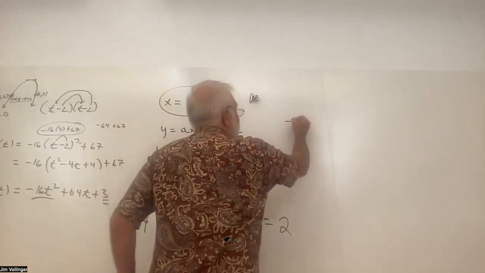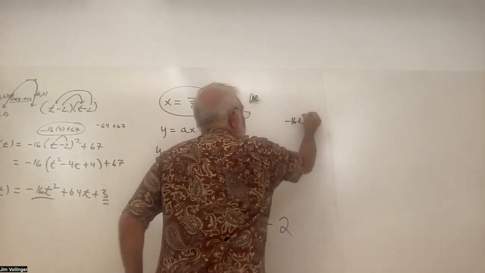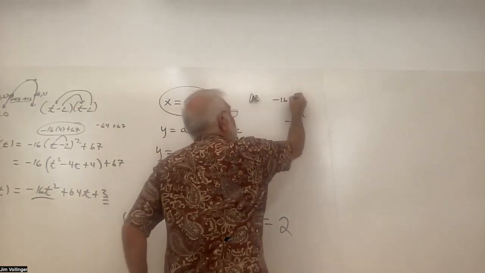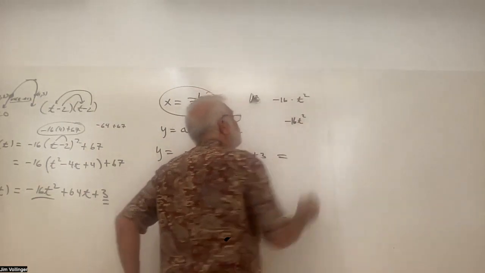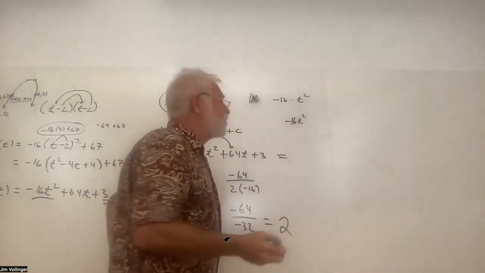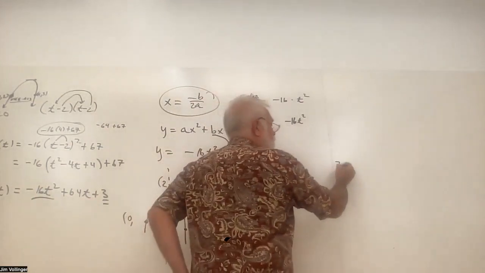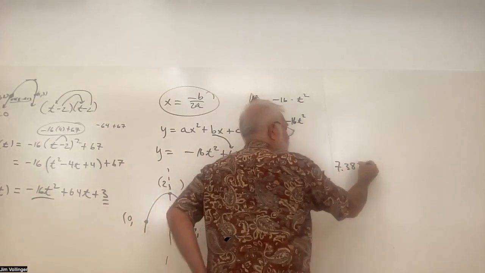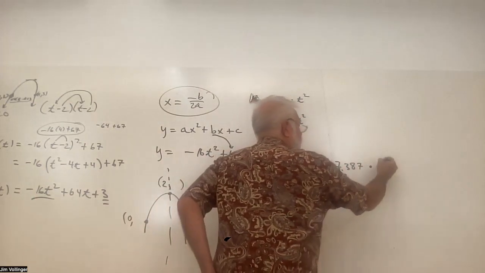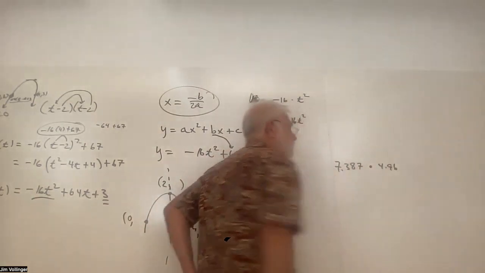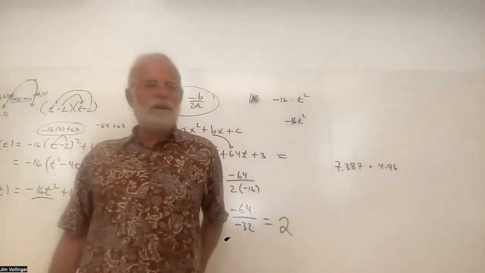Minus 16t squared is a product. It's minus 16 times t squared. We talked about products yesterday. I think I asked somebody what was 7.387 times 4.96. And I don't think anybody in the class could do it. Shame on you.